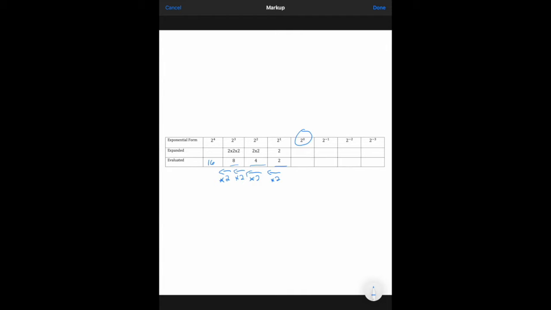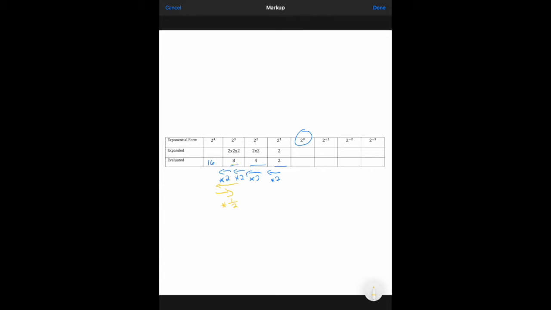Once students recognize that, they're able to go in the opposite direction. If in this direction it's times 2, in the other direction we're multiplying by 1/2, right? Because 16 times 1/2, or divided by 2, is the same thing.